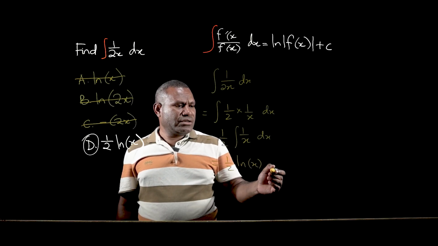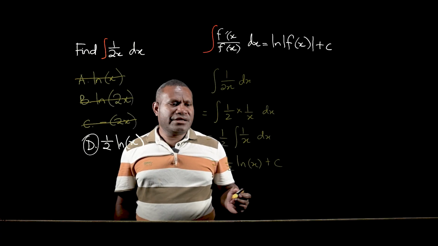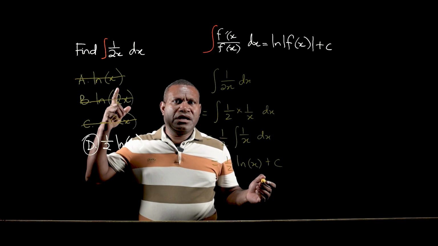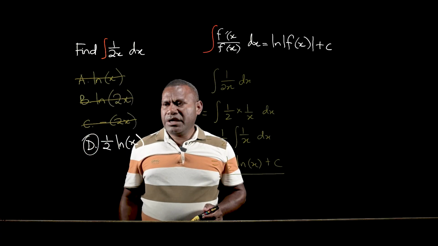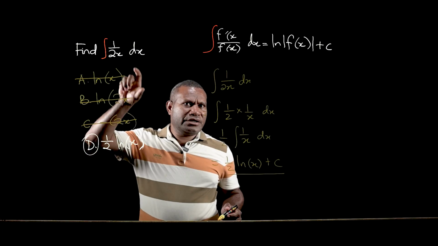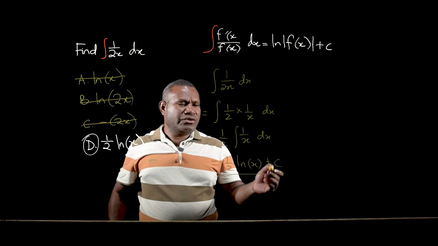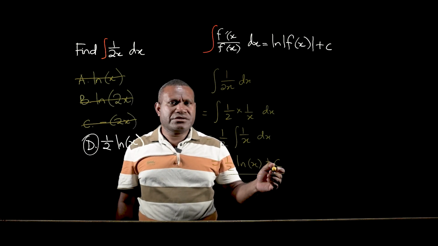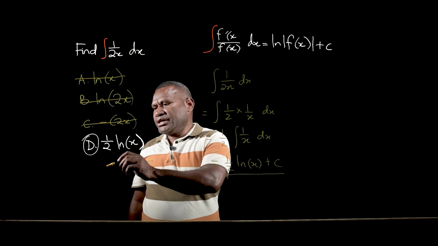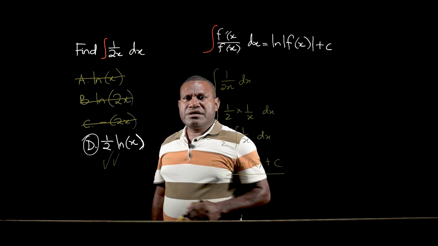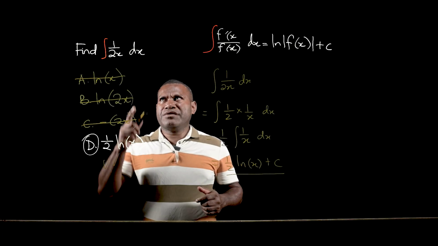Normally the constant of integration is added because we are dealing with an indefinite integral or antiderivative of a function. In this case we don't have a constant of integration in any of the choices, but if it's a short answer question, you have to add a constant of integration to make your working out complete. So our original guess is the correct answer. D will be the correct answer for this question.